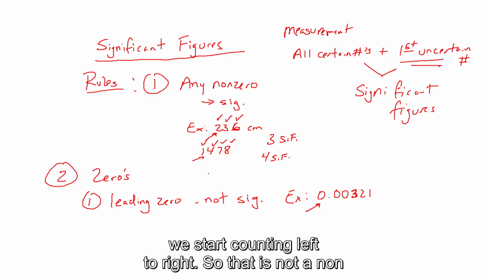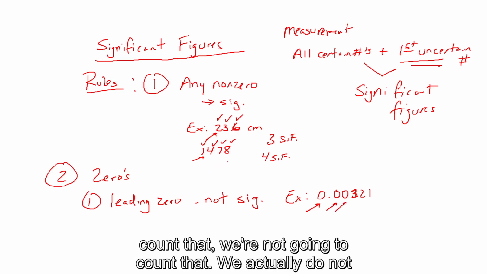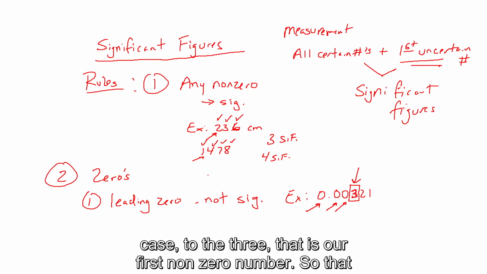That is not a non-zero number, so we're not going to count that, we're not going to count that, we're not going to count that. We actually do not start counting our significant figures till we get, in this case, to the 3. That is our first non-zero number.